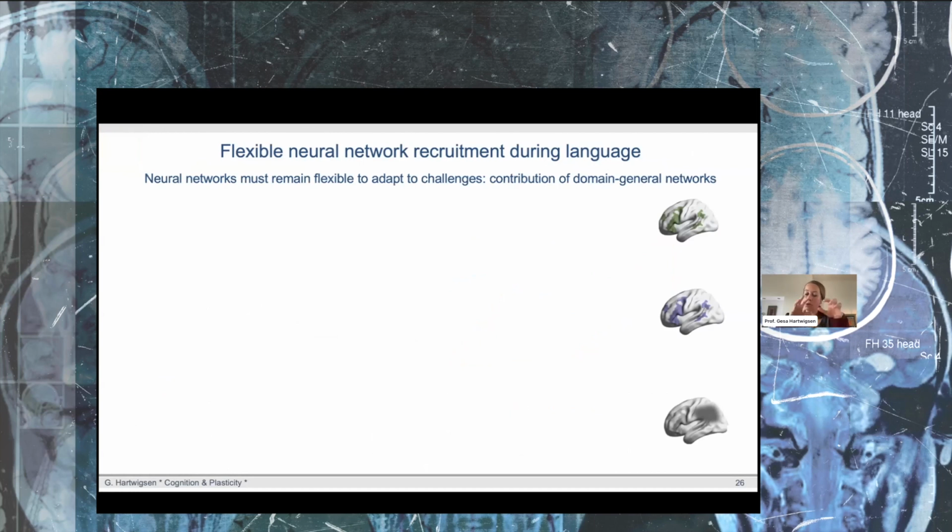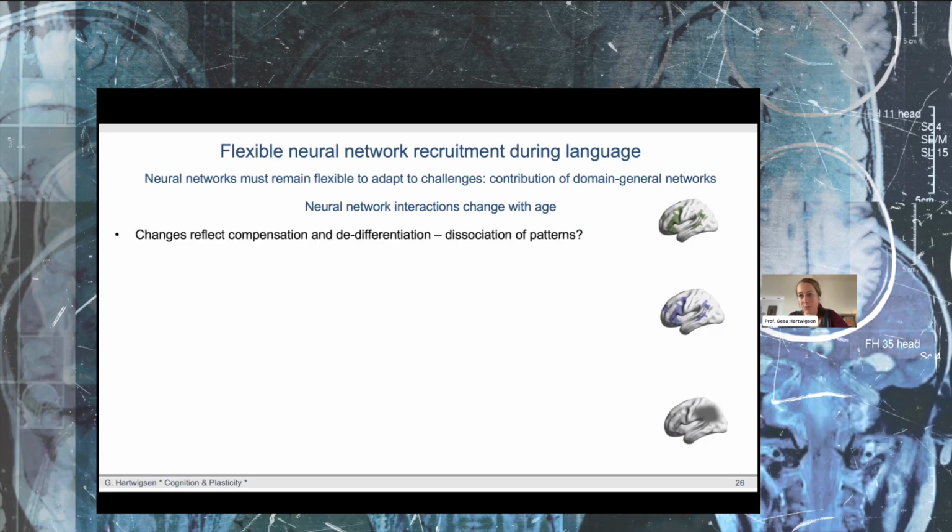And one core aspect of such flexibility seems to be the contribution of domain general areas that we observed in healthy young brains, in aging brains. We observed that it seems to play a role in network disorders such as dyslexia and during language recovery after stroke. So we see that neural network interactions change as we age.